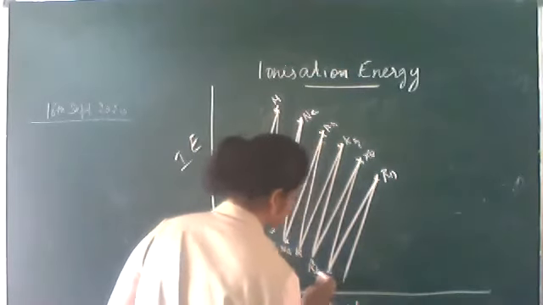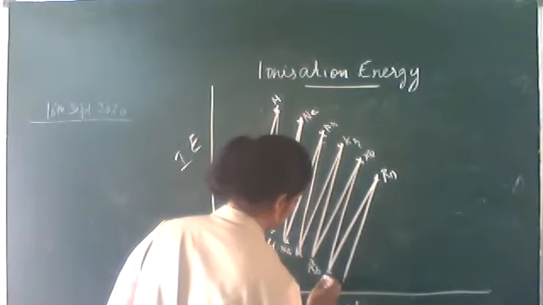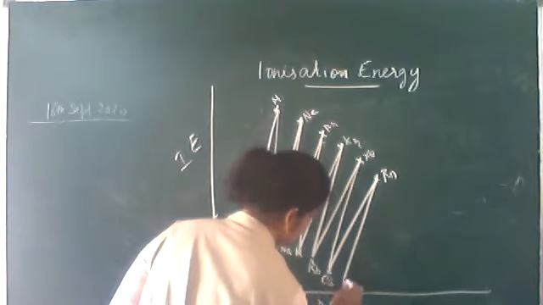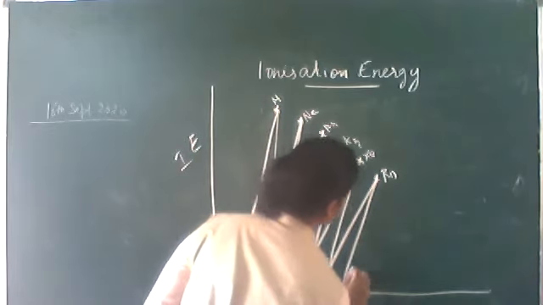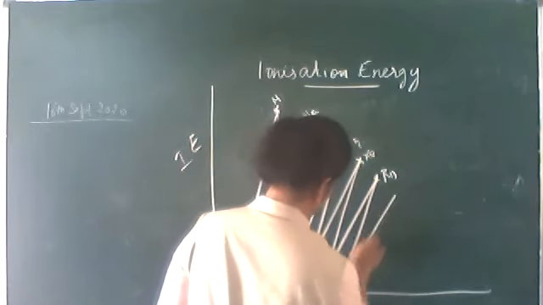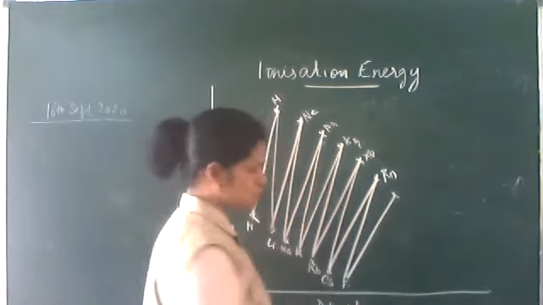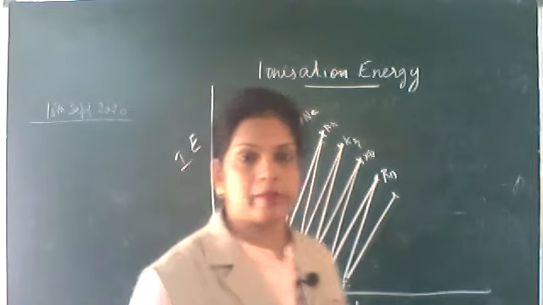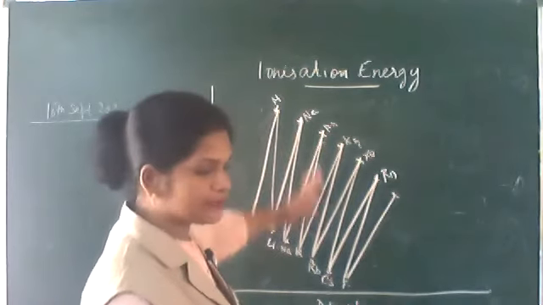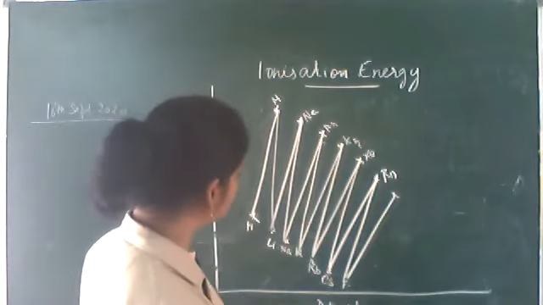Here cesium, rubidium, francium, like that. So all are shown over here with atomic number. You see the lines like this.